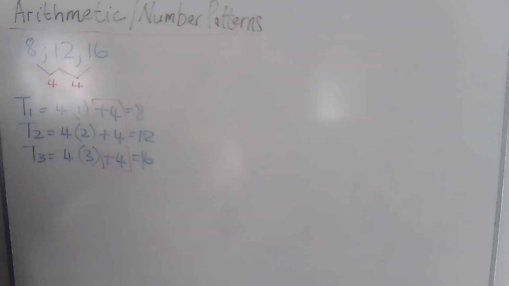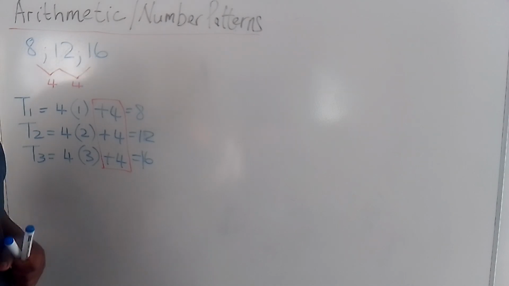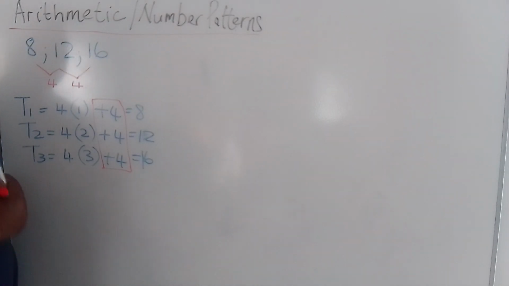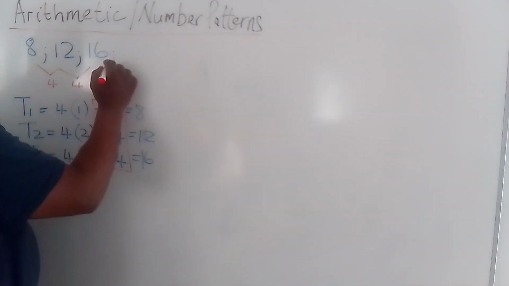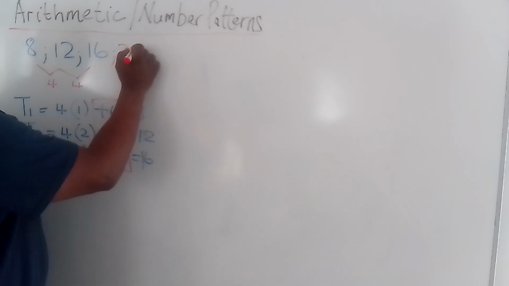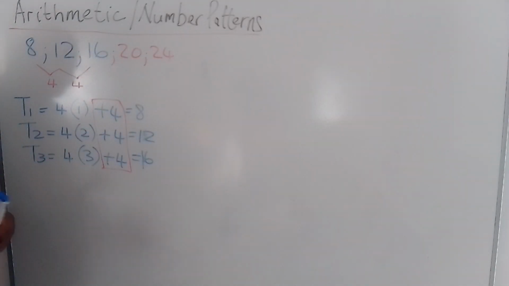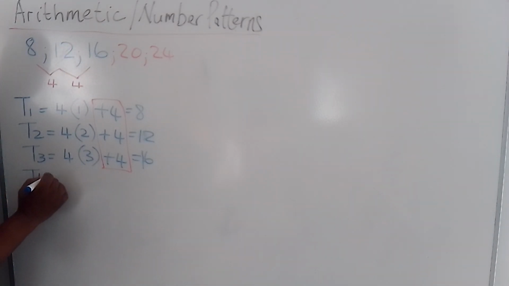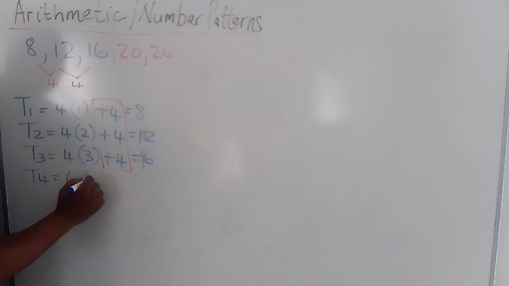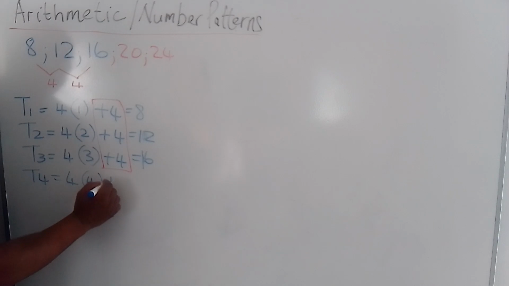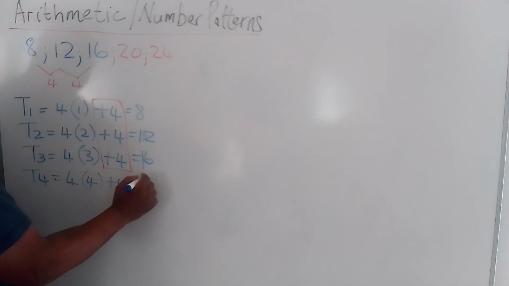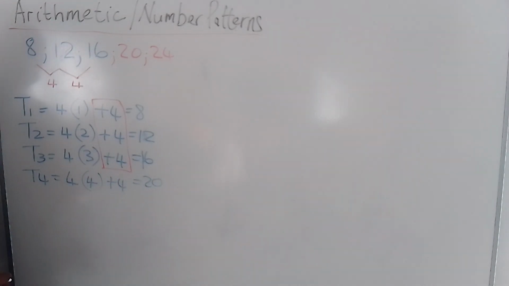So if we want to add 2 more terms, let's add 2 more terms: 20 and another 4 is 24. Let's see if we can get those 2. So let's go to T4. There's the 4, there's that 4, term 4 plus another 4, and that adds up to 20.